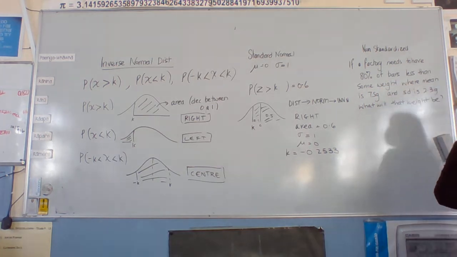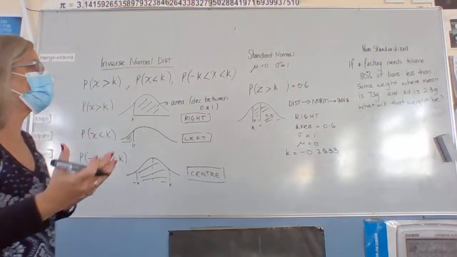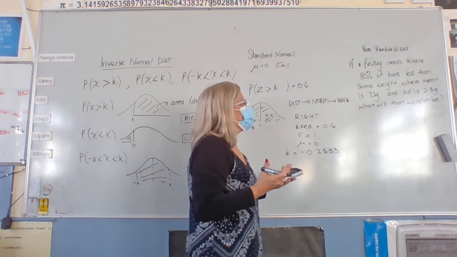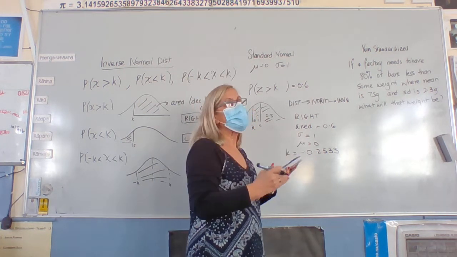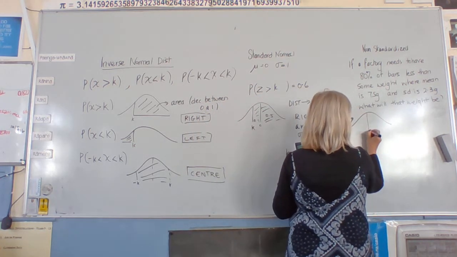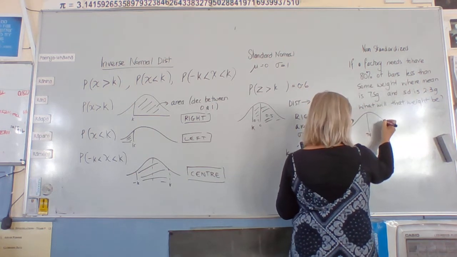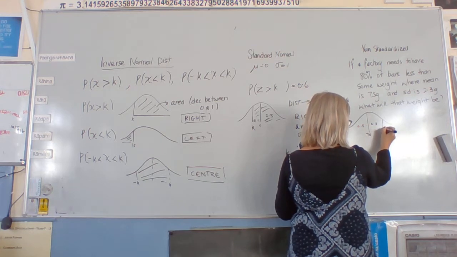Alright, so if a factory has got to have this because that's what it says in its quota, we need to find out what will be the weight that 80% of the bars will be less than. So, looking at the picture, we've got a mean of 75, 80% less than something. So this is 0.5. Over here we've got 0.3 somewhere.